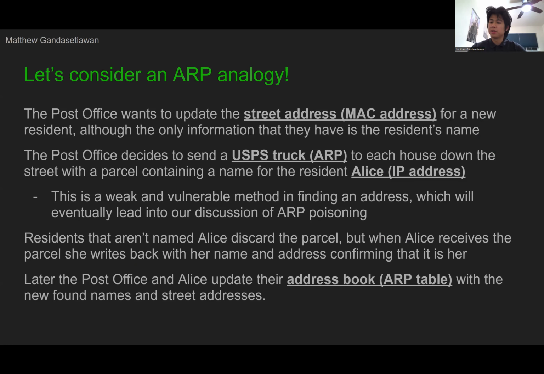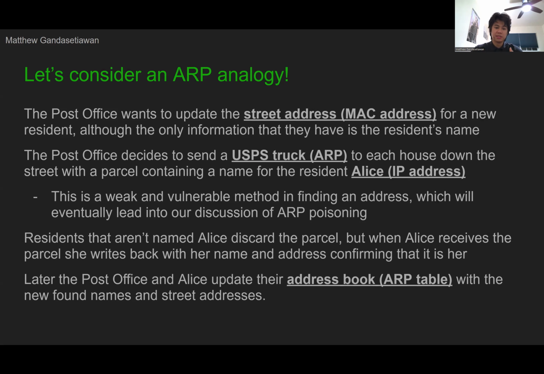So let's consider an ARP analogy. Let's say a post office wants to update a residence's street address. So we also have a USPS truck, which is essentially executing ARP. And then we have a parcel for Alice. We want to find Alice's MAC address, or street address. And this is a vulnerable method because when we discuss ARP poisoning, we'll see why it's susceptible to exploits.